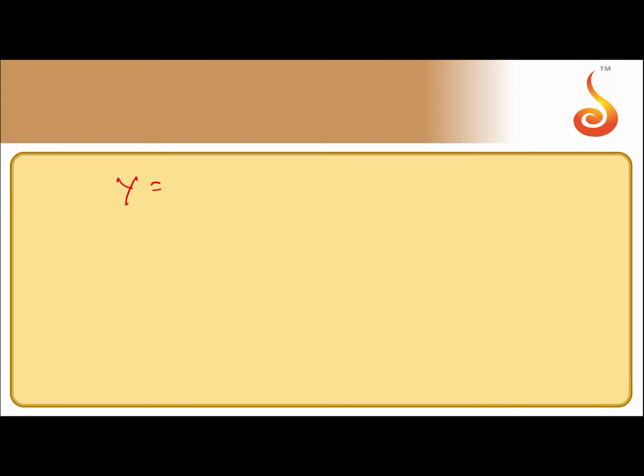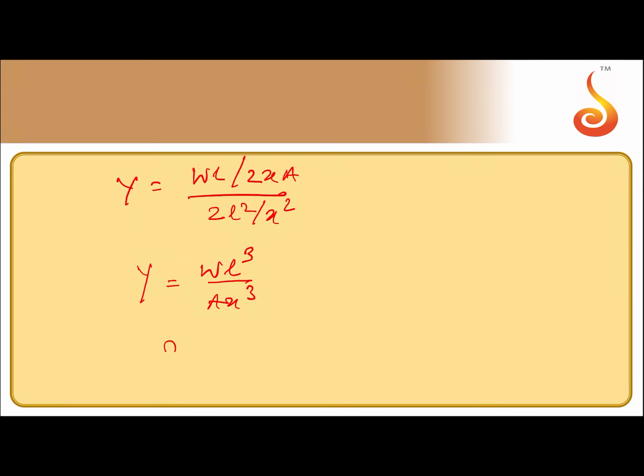Stress is WL divided by 2xA, and the strain is nothing but 2x square divided by L square. So Young's modulus is nothing but WL cube divided by Ax cube, or x is equal to W divided by AY to the power of 1 by 3 into L.